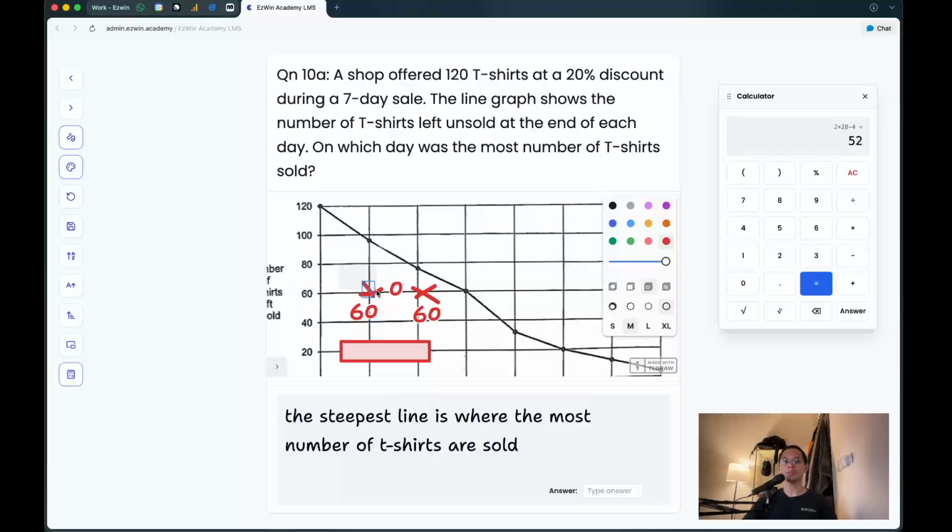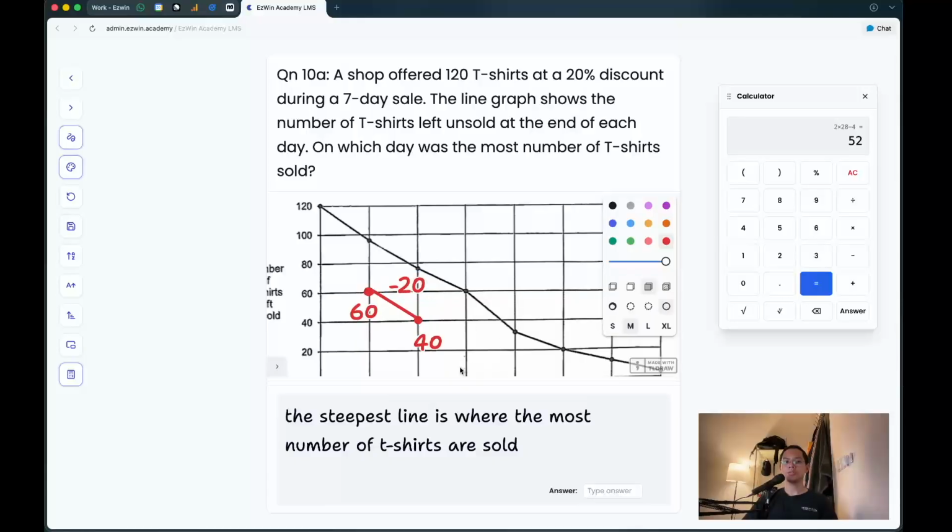I'm just exaggerating over here. Let me put the dot here and the dot here. Now if I were to put this dot at, for example, 40, then the line will be something like this. 60 to 40, that means we've sold 20 in this case.